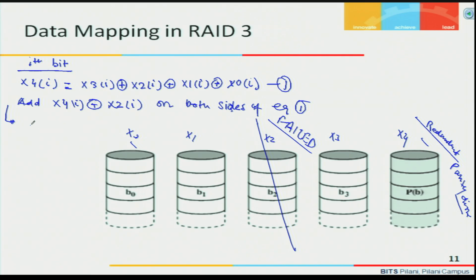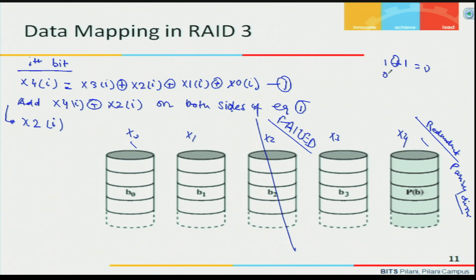So, it will give me X2 i on the left side. Because, let us say X4 i is 1, then 1 XOR 1 is 0.